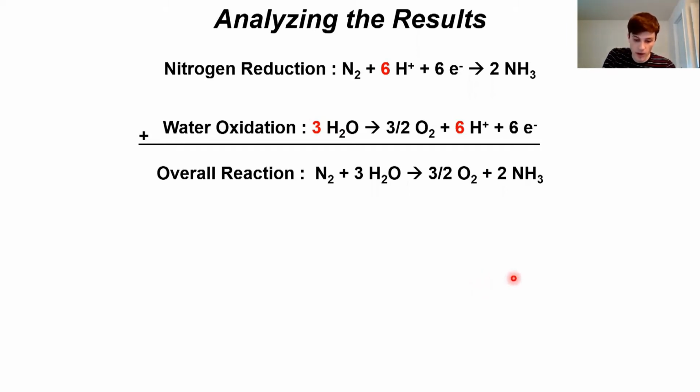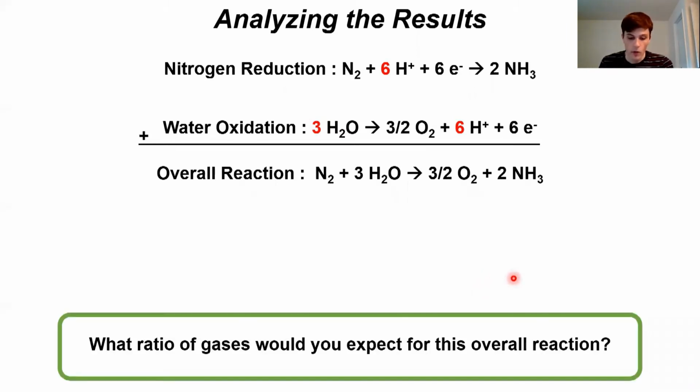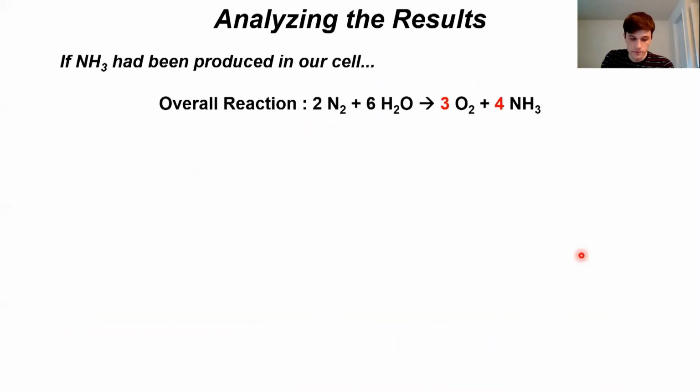This is probably not the ratio that you saw. So the question is, what is the approximate ratio of gases that were formed at the 2 electrodes? And does that ratio suggest that we're actually doing this reaction to make ammonia? It doesn't. So let's revisit our hypothesis and determine whether or not it's confirmed.